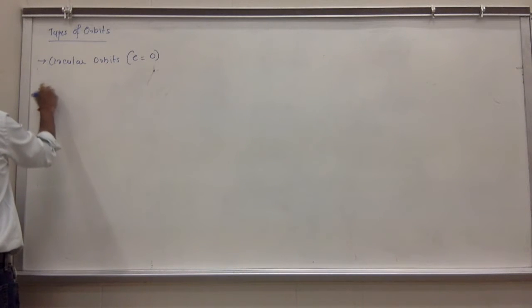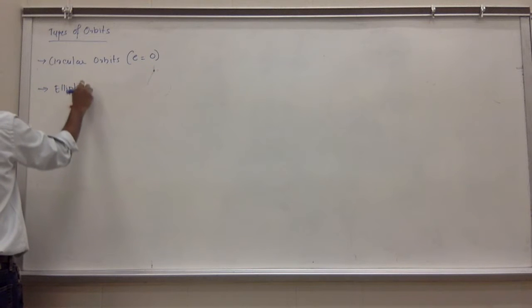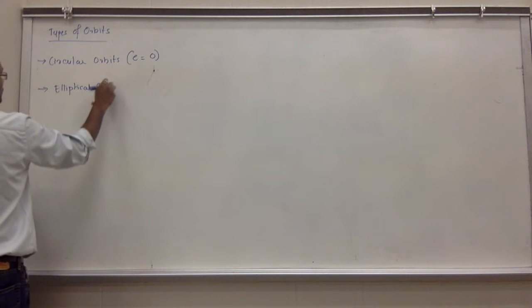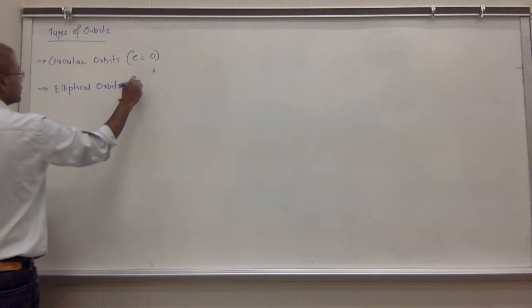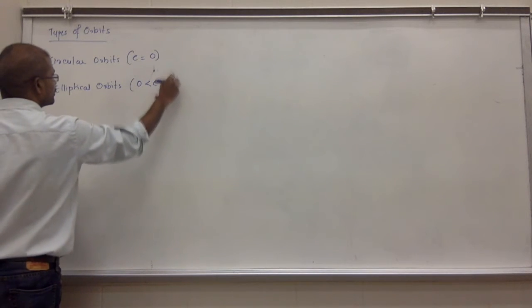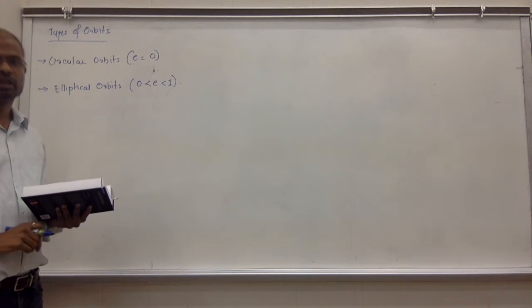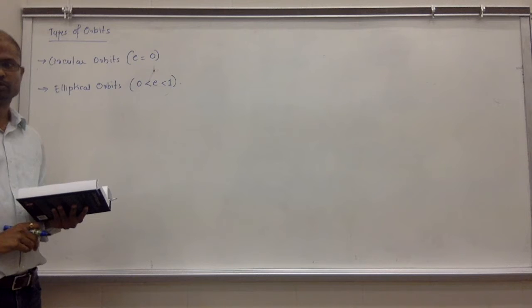Now we started discussing elliptical orbits, and for this, e is between 0 and 1. It is not equal to 0, it is greater than 0 and less than 1. Okay?